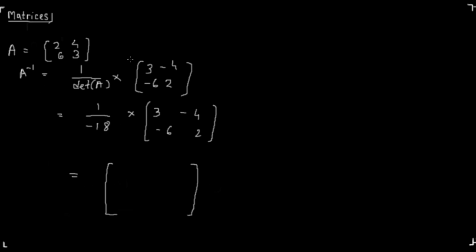So 3 divided by minus 18 is minus 1 by 6. Then minus 4 divided by minus 18 is 2 by 9.